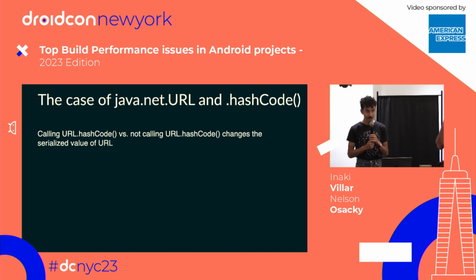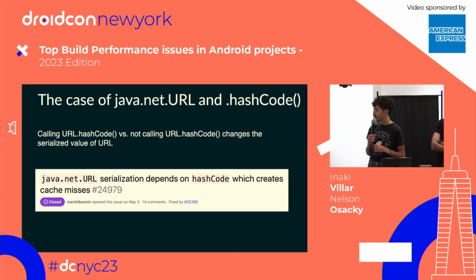This is very surprising behavior. So Martin, of course, filed a bug with Gradle that the serialization depends on whether or not you have called the hashCode function. And obviously that's an issue for caching, because if you call hashCode, you have one serialized outcome, and if you don't call hashCode, you have a different one.